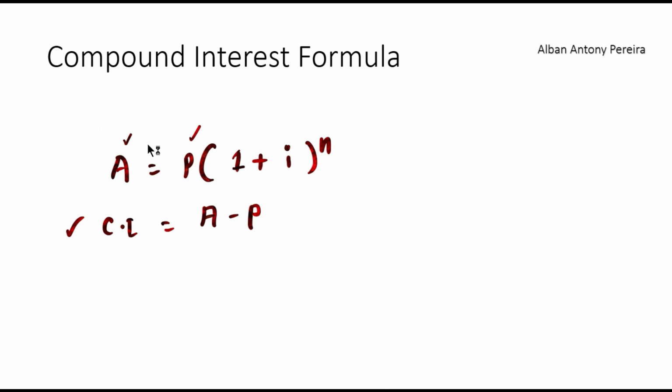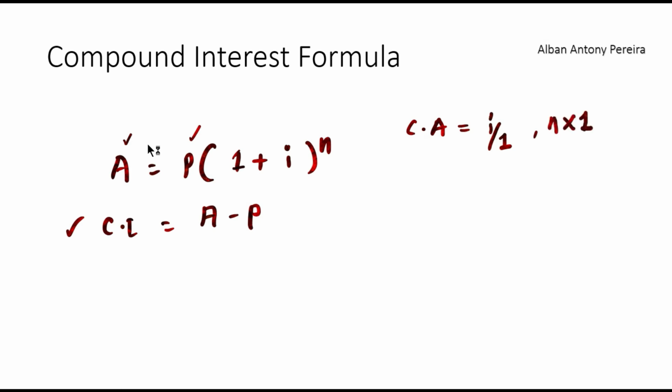Now we'll have to incorporate the conversion period. In the question, if it is given that it is compounded annually, then here I becomes I divided by 1 and N becomes N into 1.